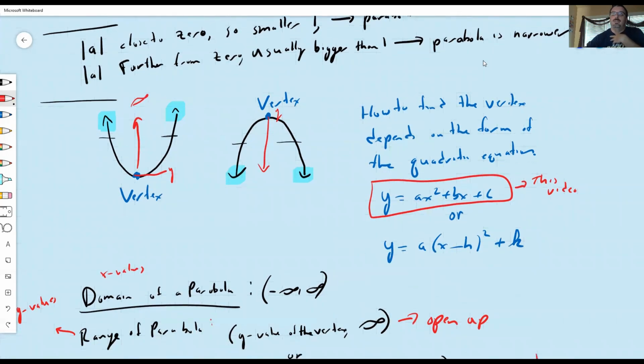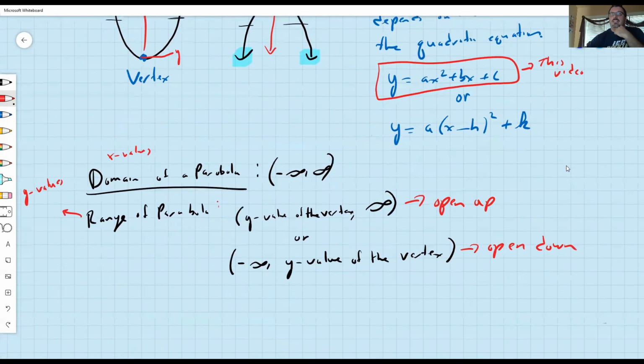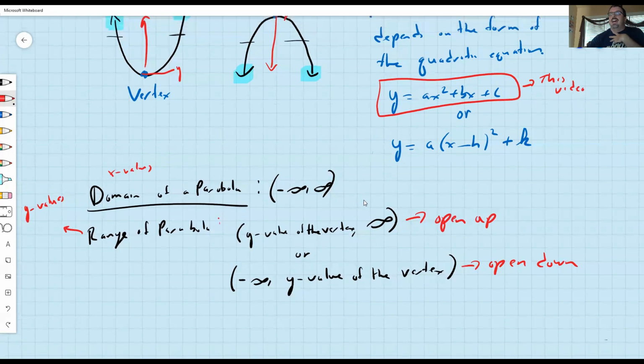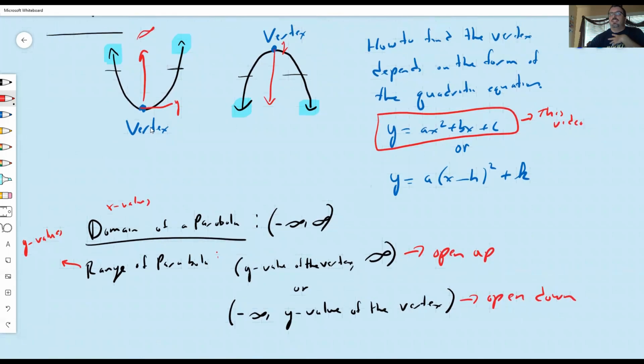So the vertex is the lowest point or the highest point. And again, domain will always be minus infinity to plus infinity. And the range will depend on the vertex. So if it opens up, you go from your y coordinate to infinity. Those are your y values.